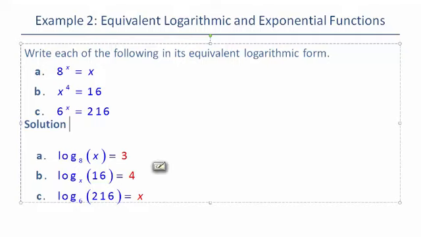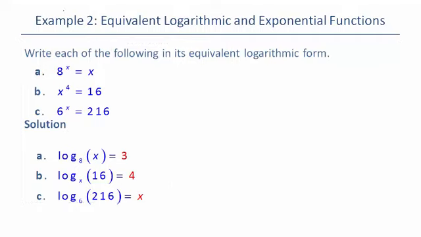This should have been a 3. That should have been 8 cubed equals x. And then that's where you would have got that. All right. The next one, log base x of 16 equals 4. Because remember, we're basically kind of undoing this question, right? X to the 4th equals 16.